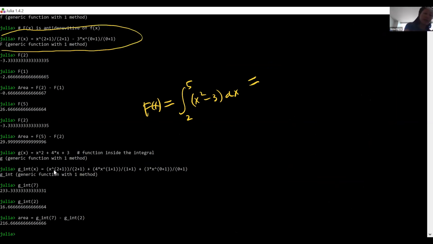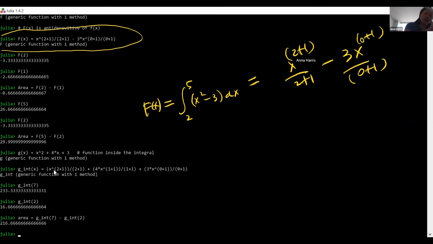So you can do x to the 2 plus 1 over 2 plus 1 minus 3, and then x to the 0 plus 1 over 0 plus 1. Then you're evaluating between x to the 2 and x to the 5. If you have to show me your work, you have to do this for me.